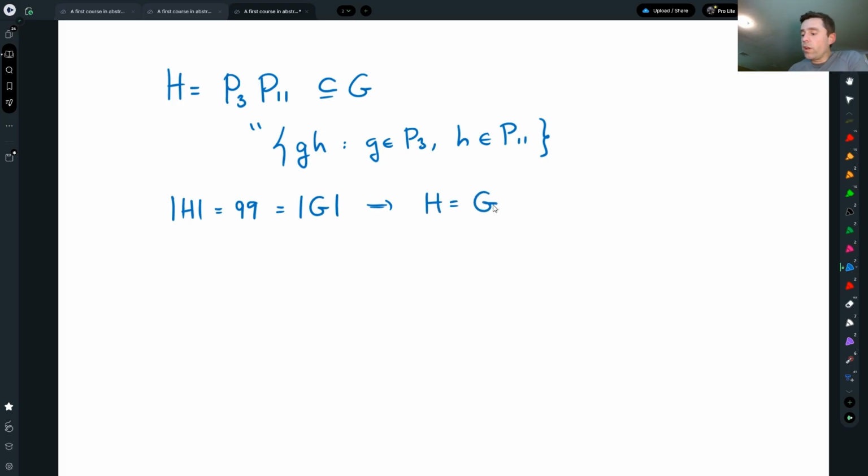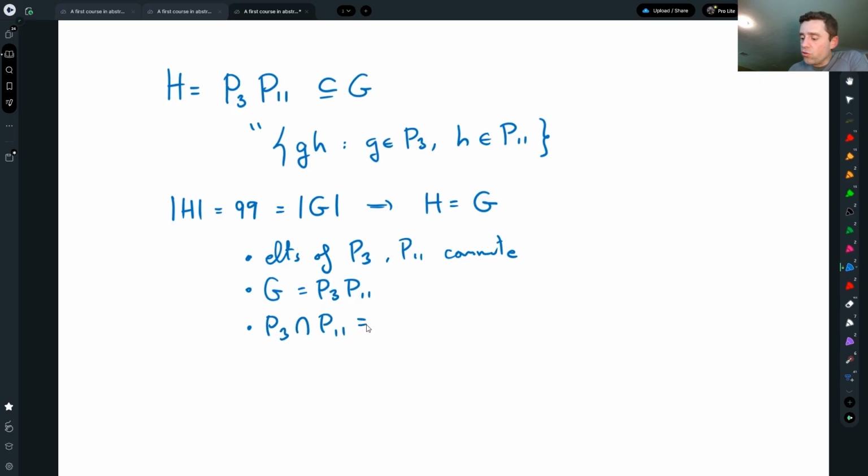And what else do I know? I know that the elements of P3 and P11 commute. I just found out that G is the product group. And we have also proved that the intersection is trivial, but these are precisely the conditions for G to be a direct product, an internal direct product of those two groups.